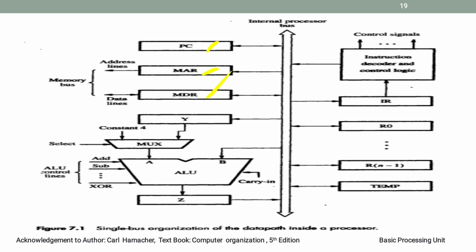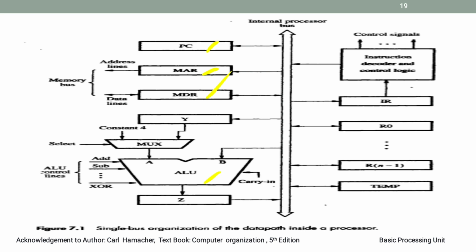This is MDR, the memory data register. Through this register the processor will send a word to memory, or whenever it fetches a word from memory, it is loaded into MDR. From there it is taken to a processor register. That is, through MDR only the processor will send a word to memory or take a word from memory.